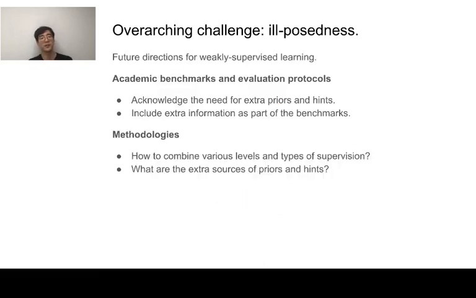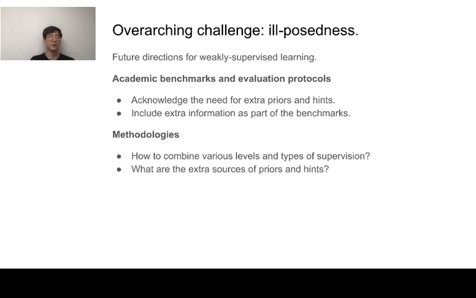And this poses questions about what the future directions for this field are. We propose to think about how to build academic benchmarks and evaluation protocols for not only weakly-supervised object localization, but for other weakly-supervised learning tasks. We should acknowledge the need for extra priors and hints to really solve the problem, and include the use of extra information as part of the evaluation protocol and benchmarks.